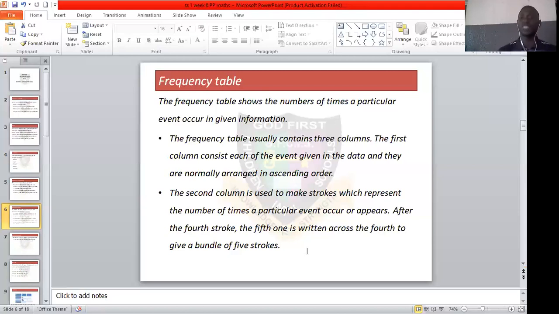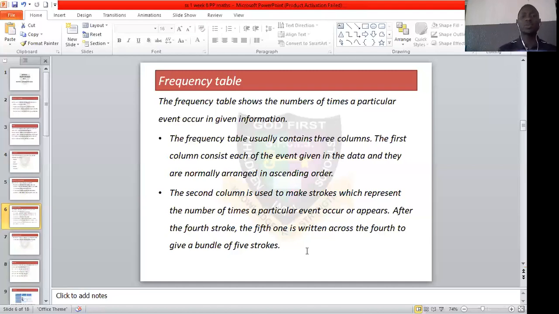A bundle is made up of 5 strokes. If you have 3, you strike 1, 2, 3. If you have 7, you strike 1, 2, 3, 4, the 5th goes across it to make 1 bundle, that's 5 strokes. Then you continue again, 1, 2.